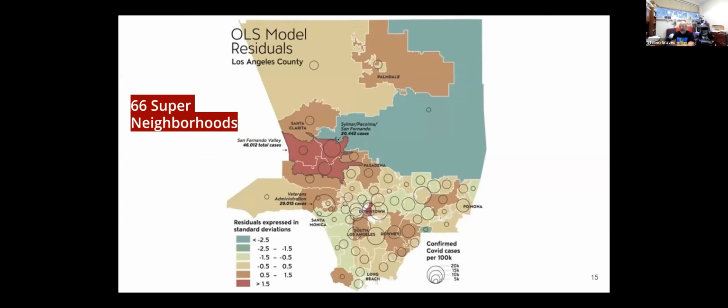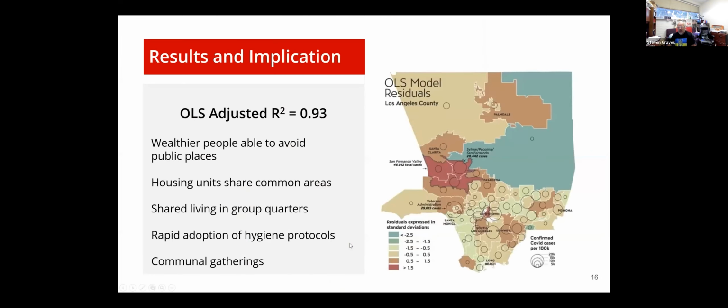So this is the residual map, and what it tells us is that the places in red had more cases of COVID-19 than one would expect given the conditions in the neighborhood, and the places in blue had less, and the sort of green area.